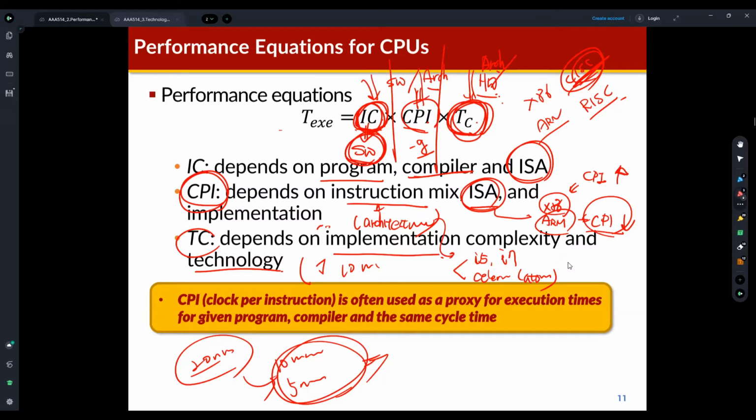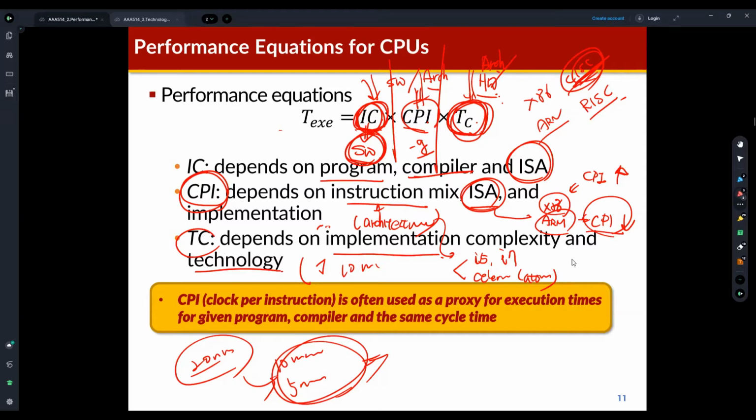Execution time of the system is the instruction count multiplied by CPI multiplied by clock period. So this is clock cycle time. If you see this equation, then we can know that these three factors decide the execution time, which means the performance of the system.